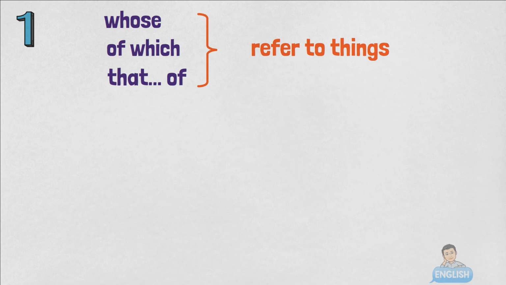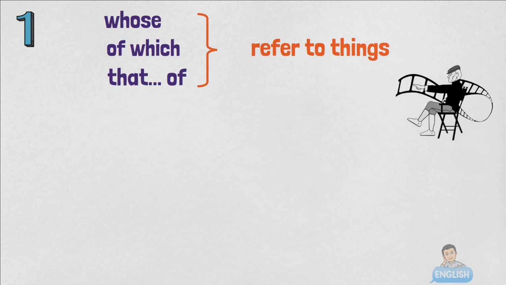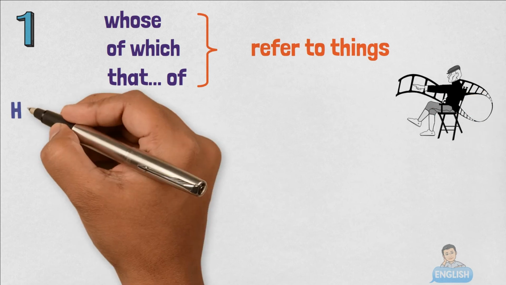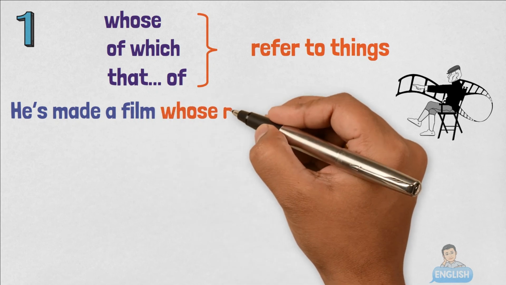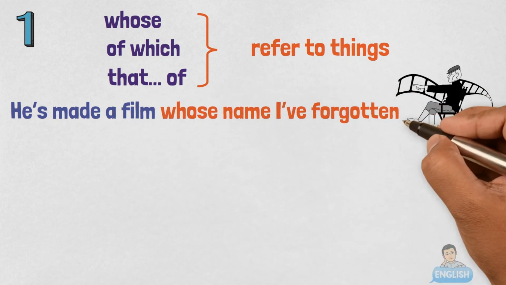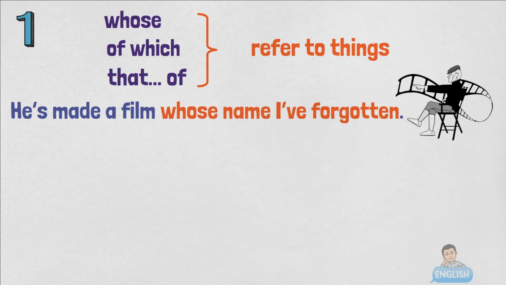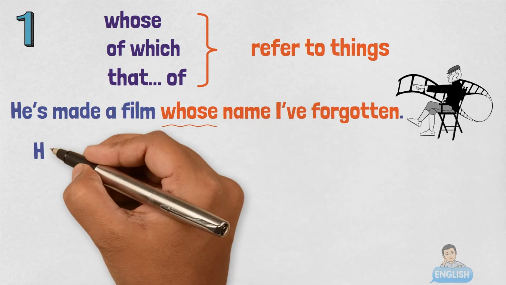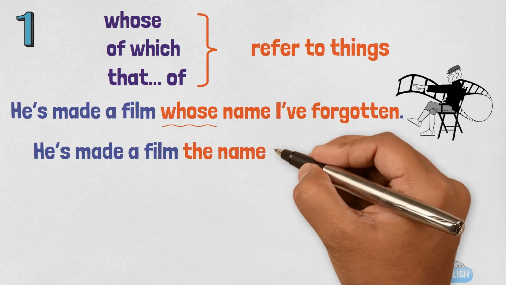Compare the following 4 ways of expressing the same idea. He's made a film whose name I've forgotten. He's made a film the name of which I've forgotten.